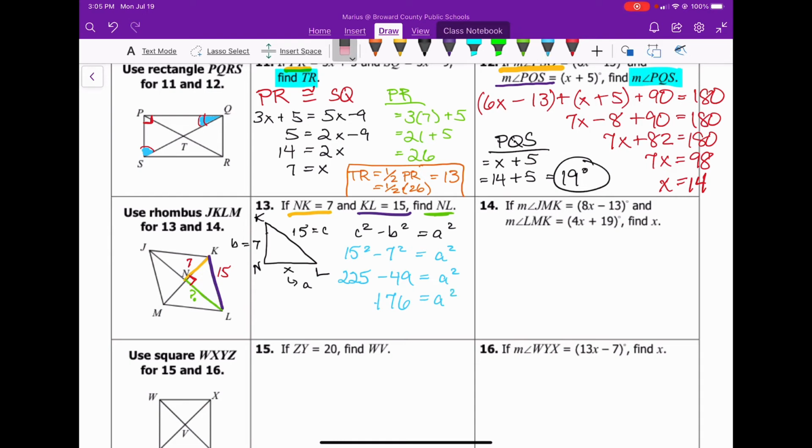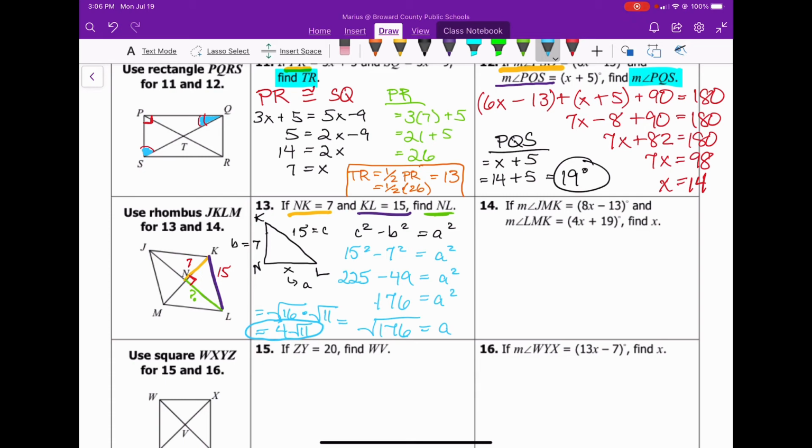So A is equal to the square root of 176. And when we simplify that, we can say the square root of 16 times the square root of 11. And that would make it 4 square root 11. So NL is 4 square root 11. Okay.